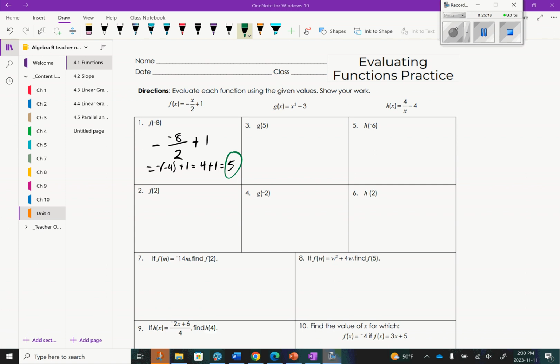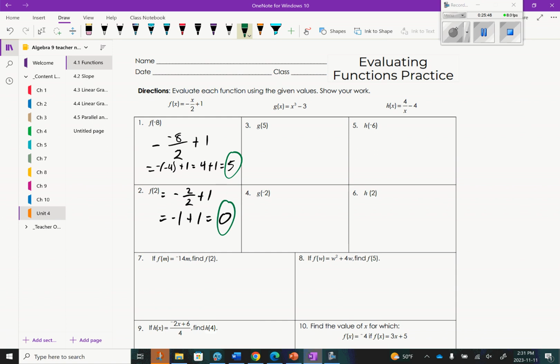Coming down to number 2, f of 2, that means we're going to take negative 2 over 2 plus 1. Well, now that I've substituted a positive, positive divided by a positive is 1. Change the sign on that. Negative 1 plus 1 is 0.